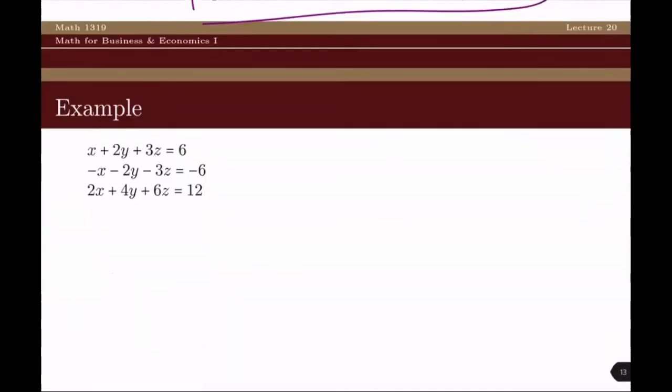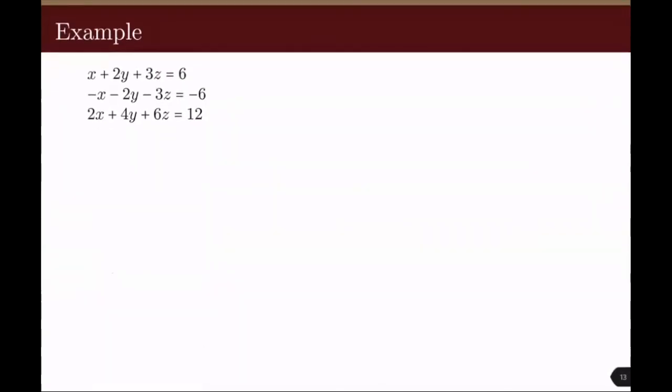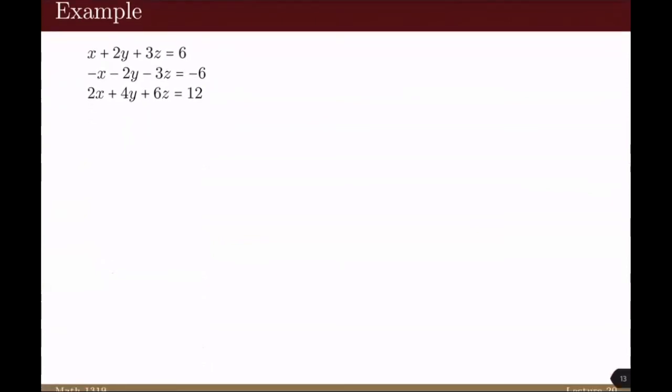Moving on to another example. Now I want to solve a system of equations. Again, we're going to use matrices. However, this one might work out a little bit nicer. We are going to find out. So I'm going to have, let's see.